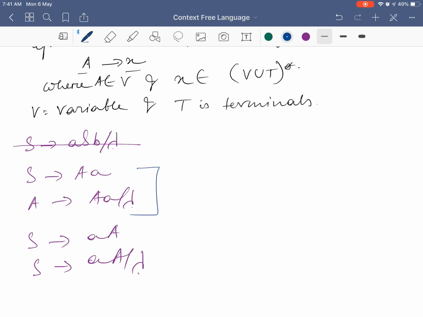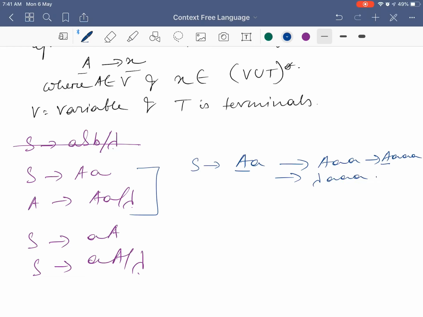Now, what is the language generated from this grammar? In that case I have to derive it and check what strings it is generating out of this grammar. Initially if I replace this A with AAA, then again if I replace with triple A, now if I want to stop, then I can stop using lambda.